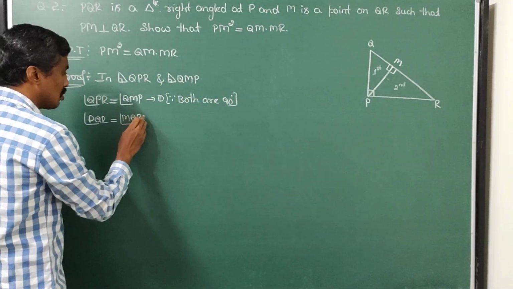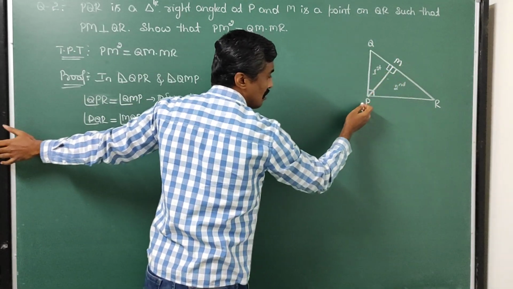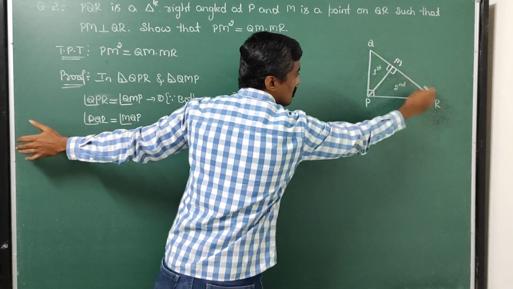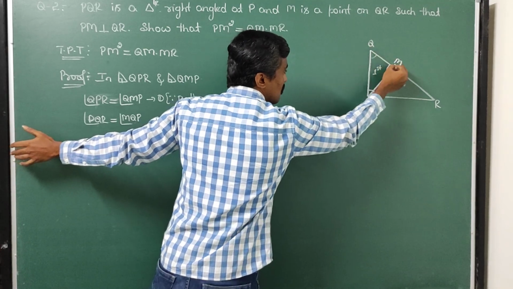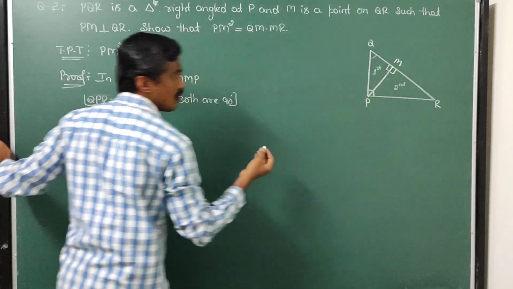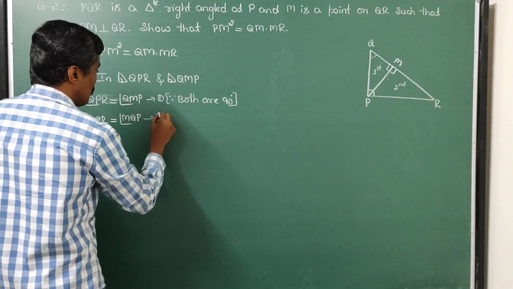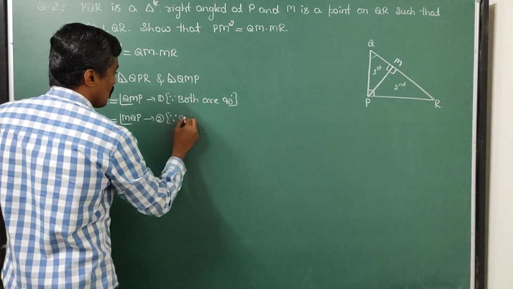Or you can also write PQM. In the first case you have taken angle PQR, that is Q, and PQM in the smaller triangle. So the angle is Q itself, correct? So second point: Q is a common angle for both triangles.